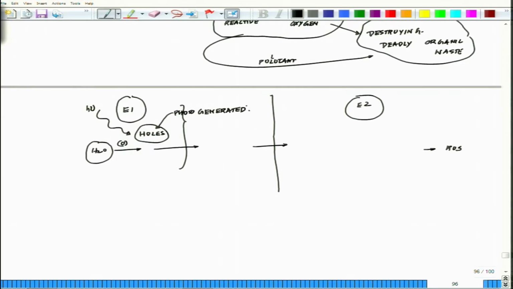photogenerated holes. So, these photogenerated holes exactly lead to the oxidation of the water, and the second event involves reduction of an electron acceptor, which is typically dissolved oxygen. Reduction of an electron acceptor, and which in this case is oxygen, which is a dissolved oxygen.